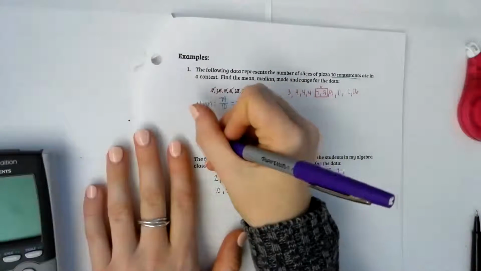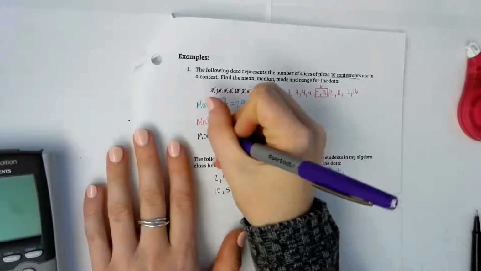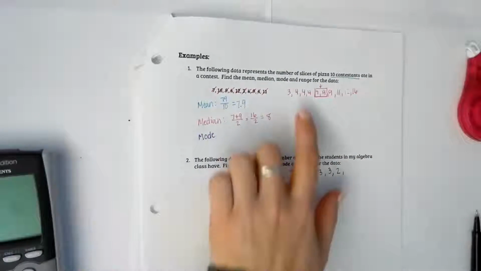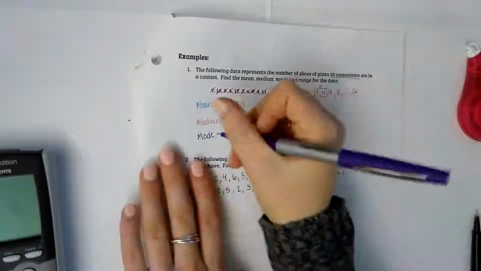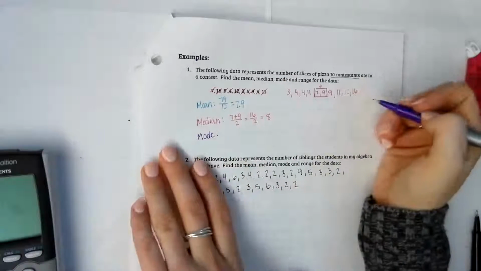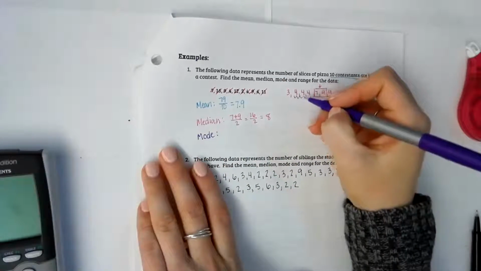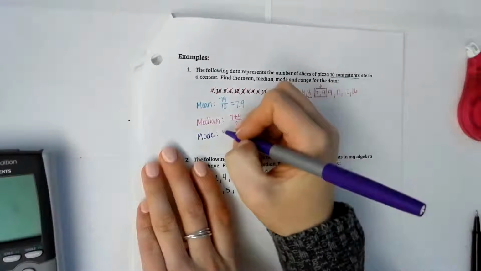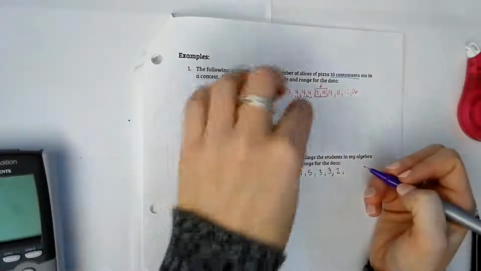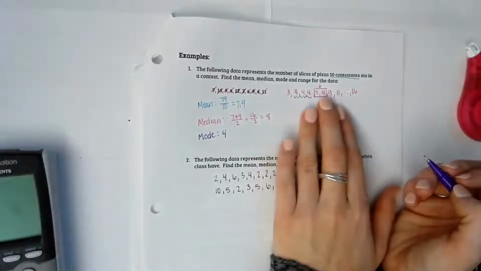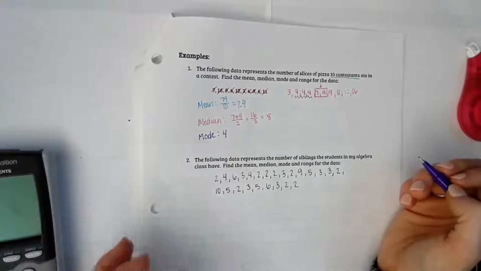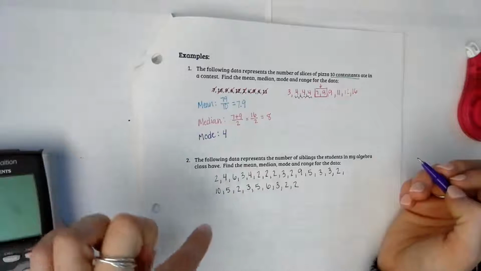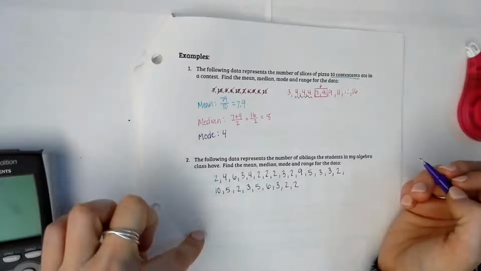So for this one, and this is nice after you've listed them out because then you have all of your numbers together, I've got 3 4s here, so my mode would be 4. As soon as you get them in this order, it makes it pretty easy to figure out which one is your mode. So go ahead, pause the video, and find the mode for this one.